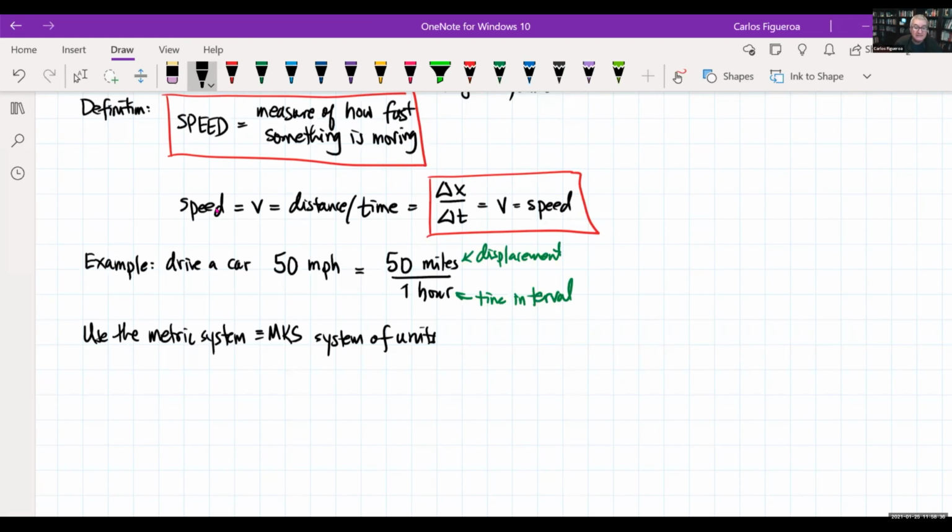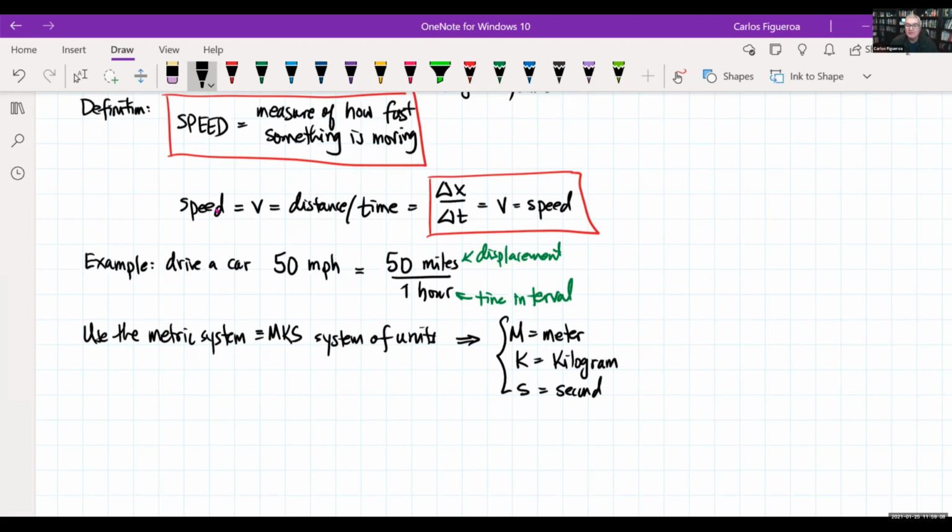In the MKS system, the M stands for meters, so that's our distance unit. The K stands for kilogram, that's our mass unit. And the S stands for second. And those are the only 3 units.